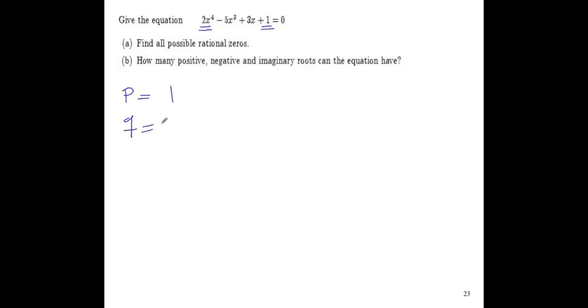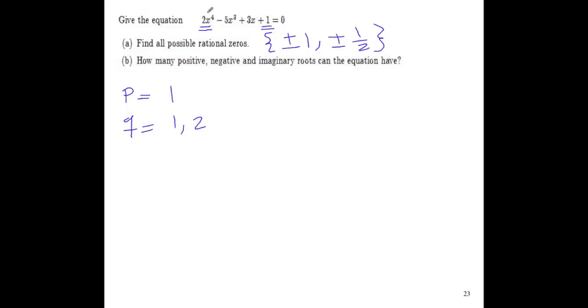That is 2. So all the factors of that would be 1 and 2. So all possible rational zeros would be all the p over q's, which would be plus and minus 1, plus and minus 1/2.